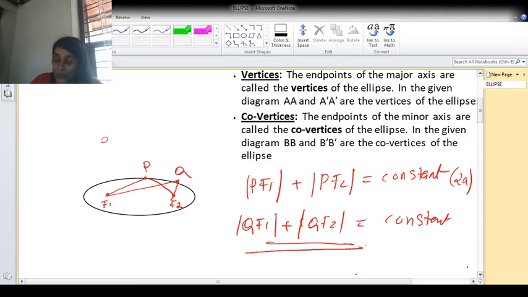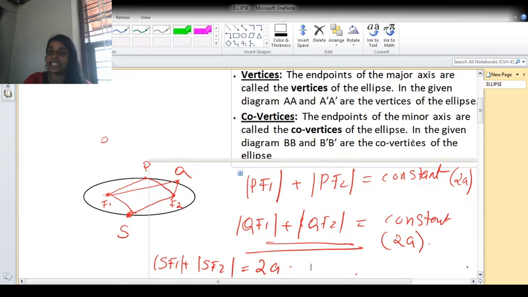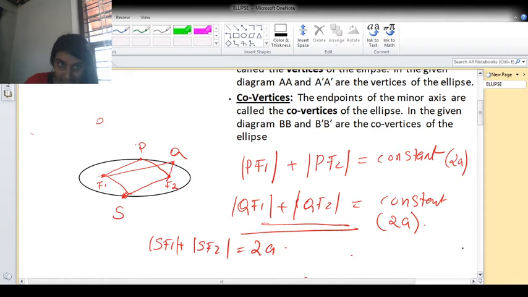You can take another point, SF1 plus SF2, which is also the same constant. Such a collection of points is called an ellipse. An ellipse is a set of all points, the sum of whose distances from two fixed points is constant.